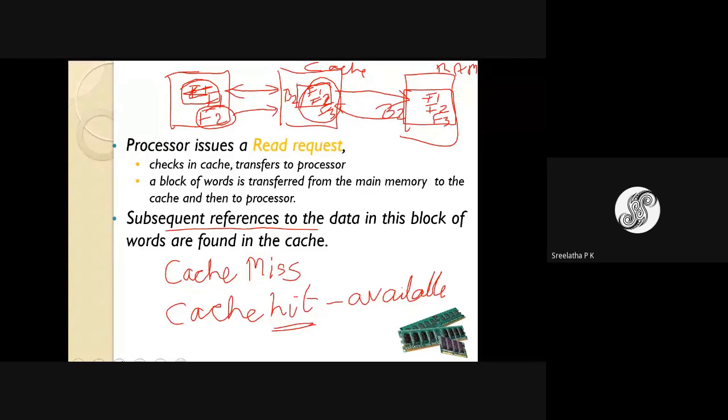If the instruction or data is not present in cache memory, then it is called a cache miss. So remember these two words: cache hit, availability of data in cache memory; cache miss, non-availability of data in cache memory.